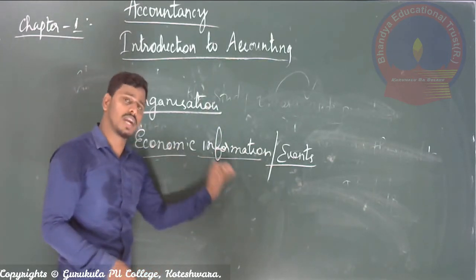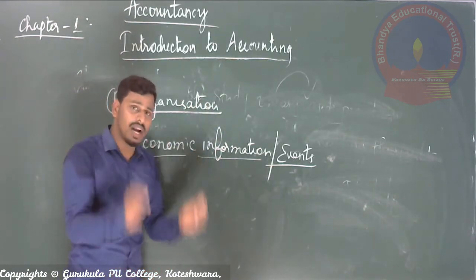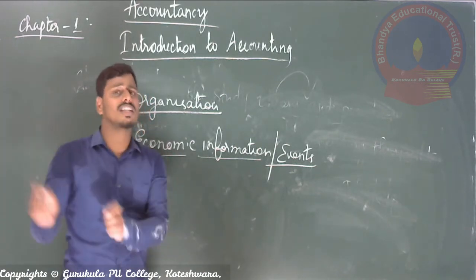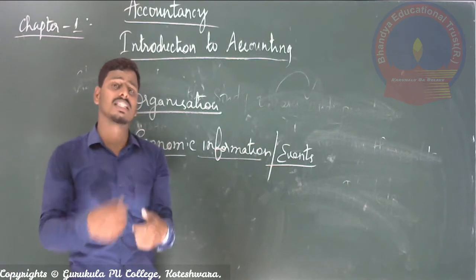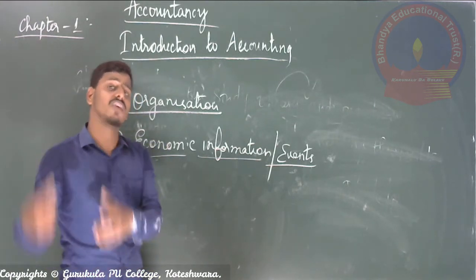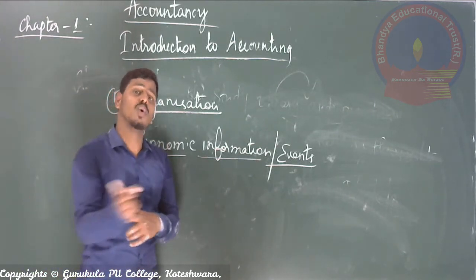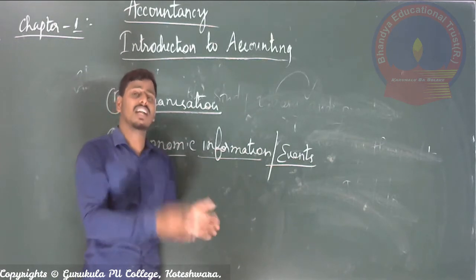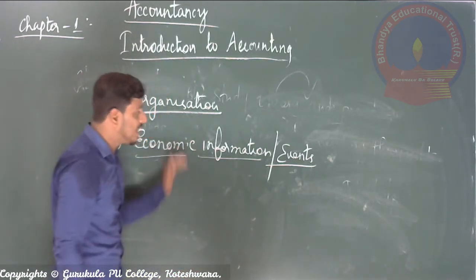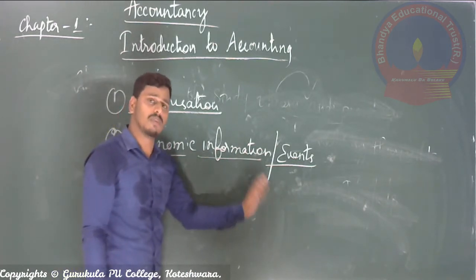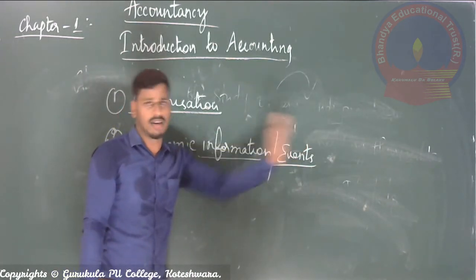Accounting information or economic information means only the things which are taken for the calculation of profit, right. The information must decide the profit or financial position of the business; then only it is considered. Only economic information will be taken as accounting information.